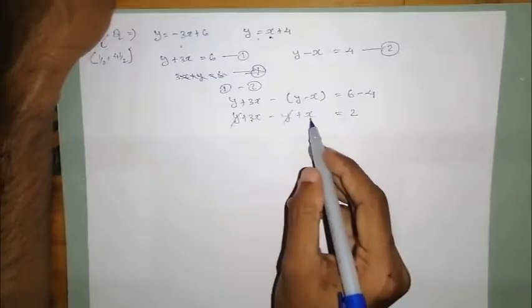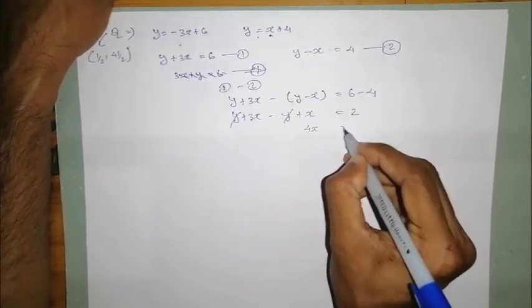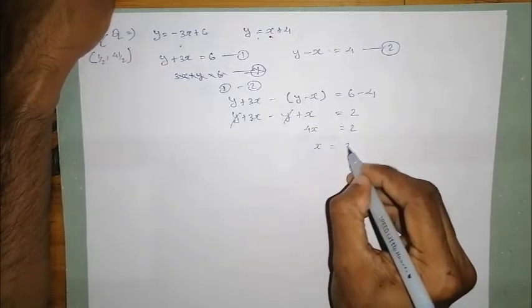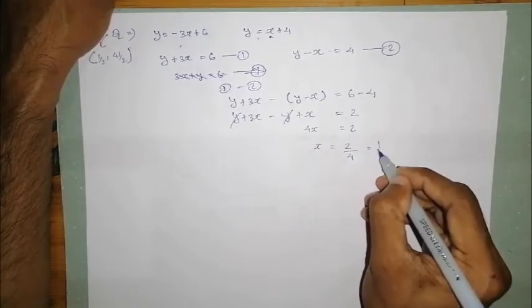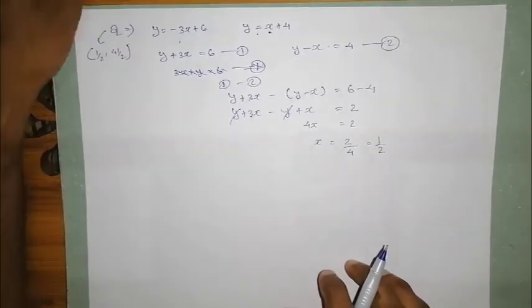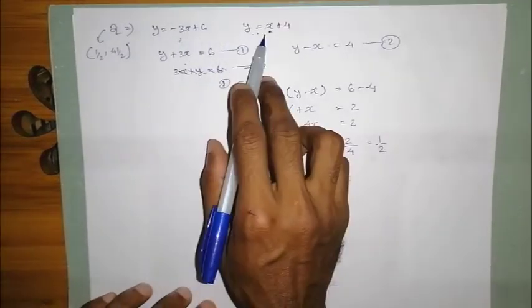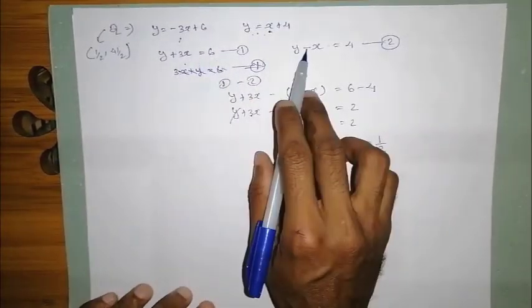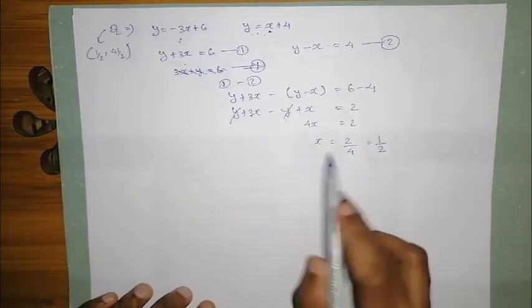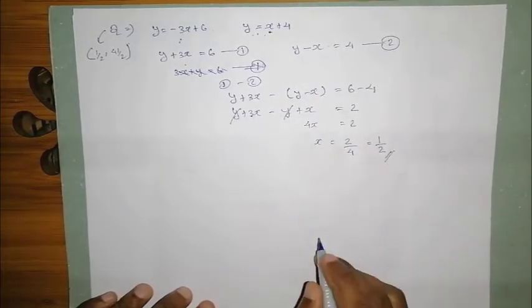So 3x + x = 4x = 2, so x = 2/4, so x equals half. By solving these linear equations as simultaneous equations, we get x as half.